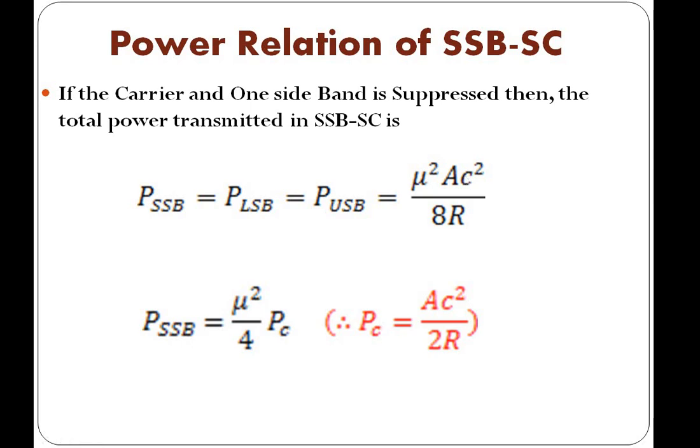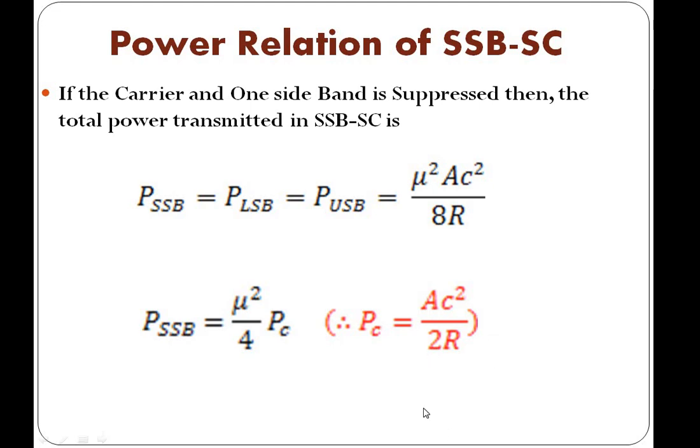This is the power relation of single sideband modulation. It can also be given as PSSB is equal to mu square by 4 into PC. Yes, we can write it, because what is the carrier power? AC square by 2R.